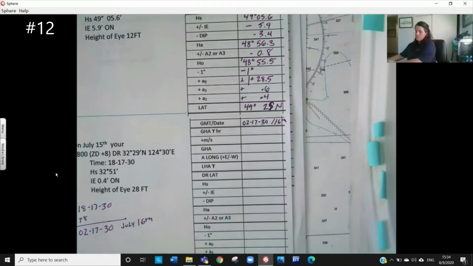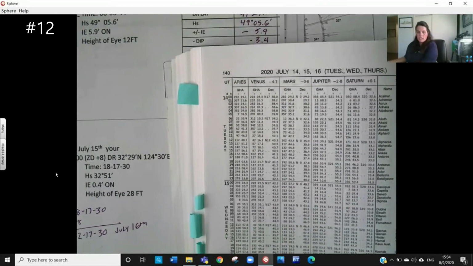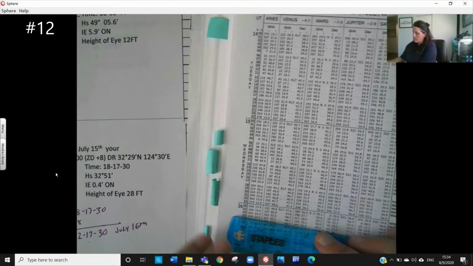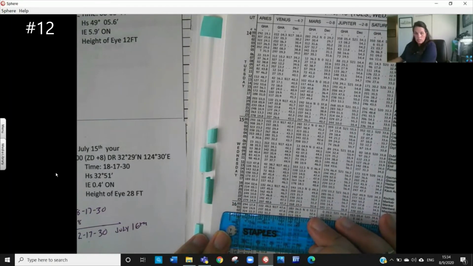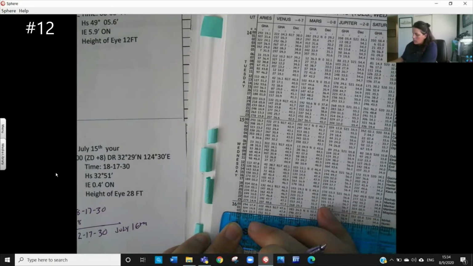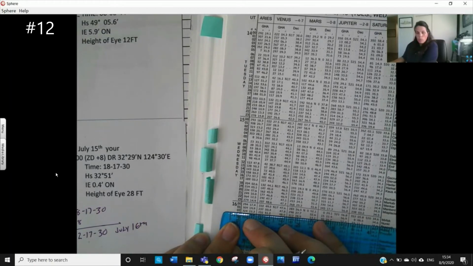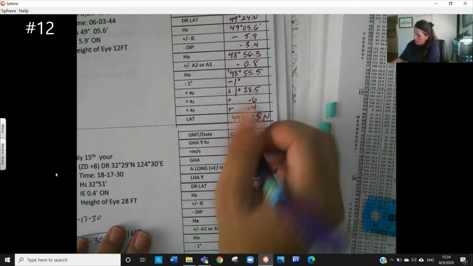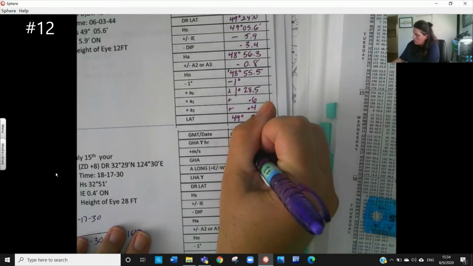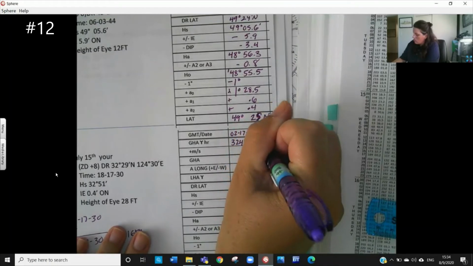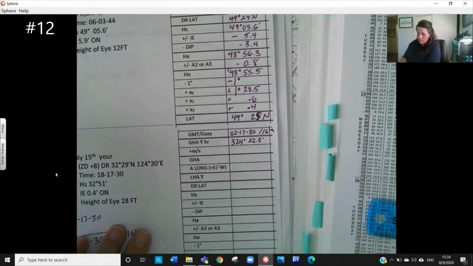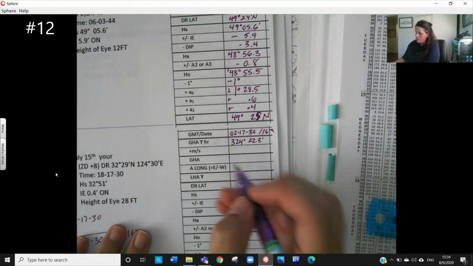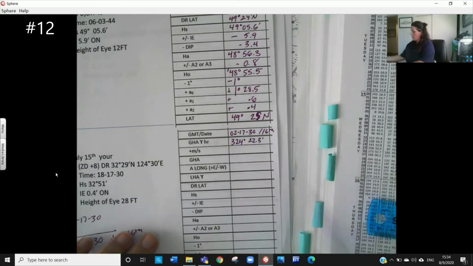Go into the almanac under July 16th at 02. I get a GHA of 324 22.3. So we'll write that in there. Our minutes and seconds are 1730.